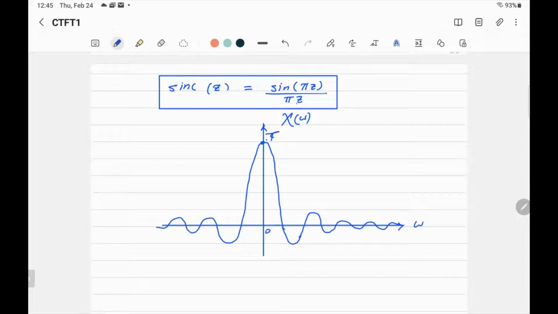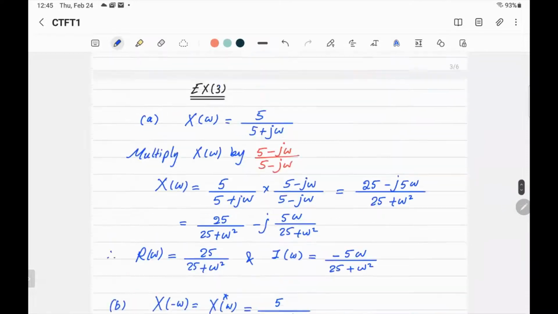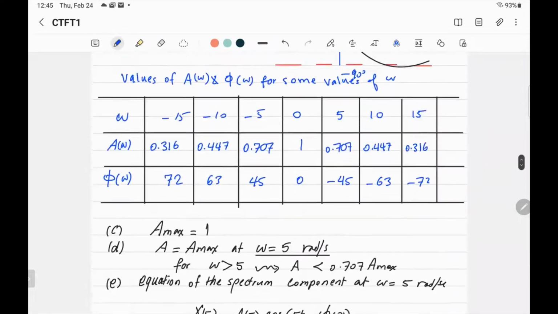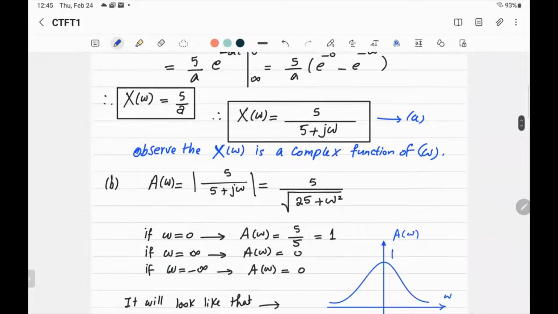Yes, you can do the amplitude. This is only X of omega. That's strange. That's the first time we sketch the frequency response on one graph. Why? Because in this special case, X of omega is a real value. If it was a complex value, like when we did the exponential, if you remember the first example, we got 5 over 5 plus j omega.